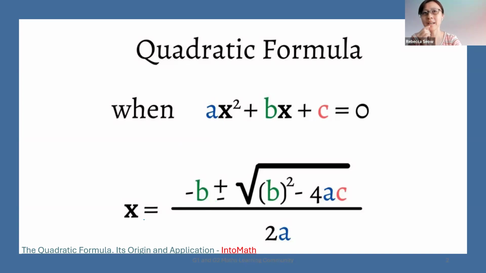It goes x equals negative b plus minus square root of b squared minus 4ac, all over 2a. So let's see how we can apply this formula to various questions.